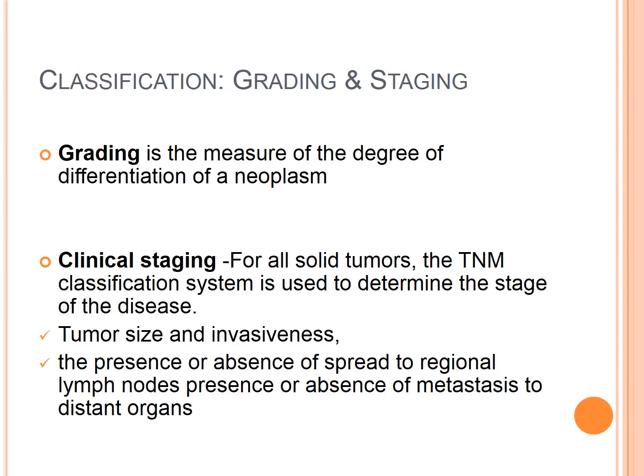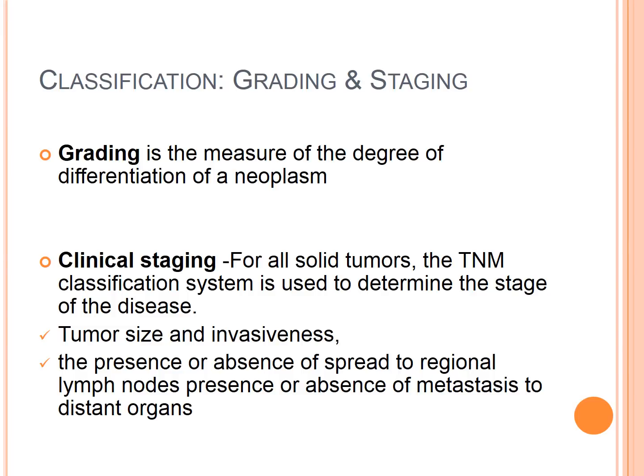Your grading and staging. So grading is the measure of the degree of differentiation of a neoplasm. All right, so remember, differentiation means that the cell should be specific to a certain role, right? So wherever it's located in the body, it should look like it belongs to that organ or to that specific tissue. It should look symmetrical with what other cells are there.